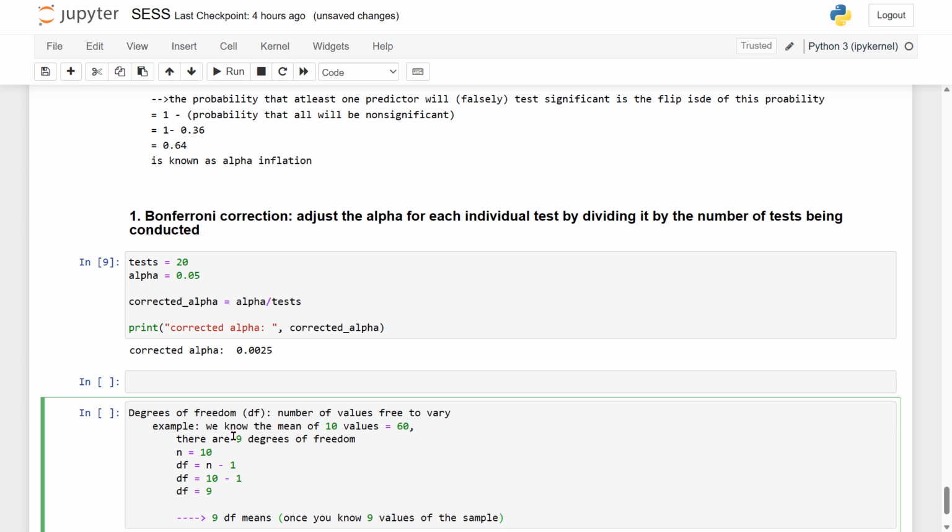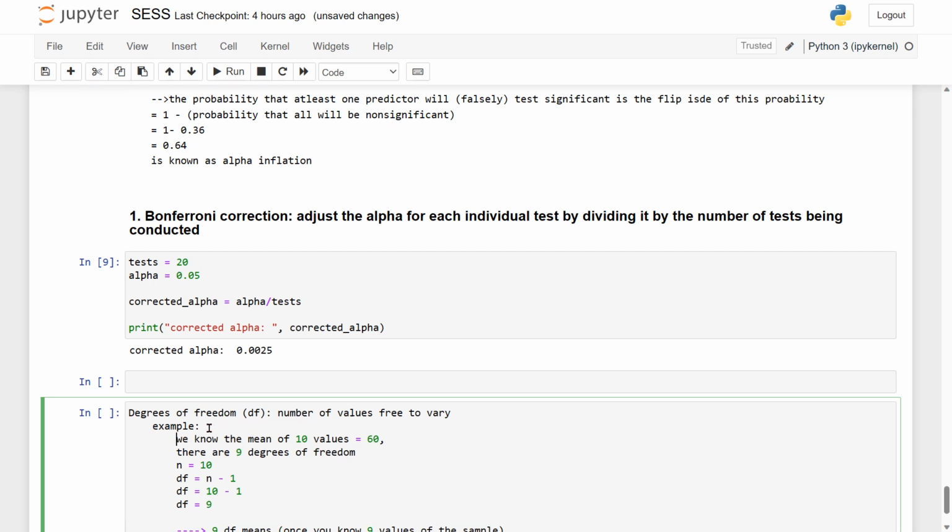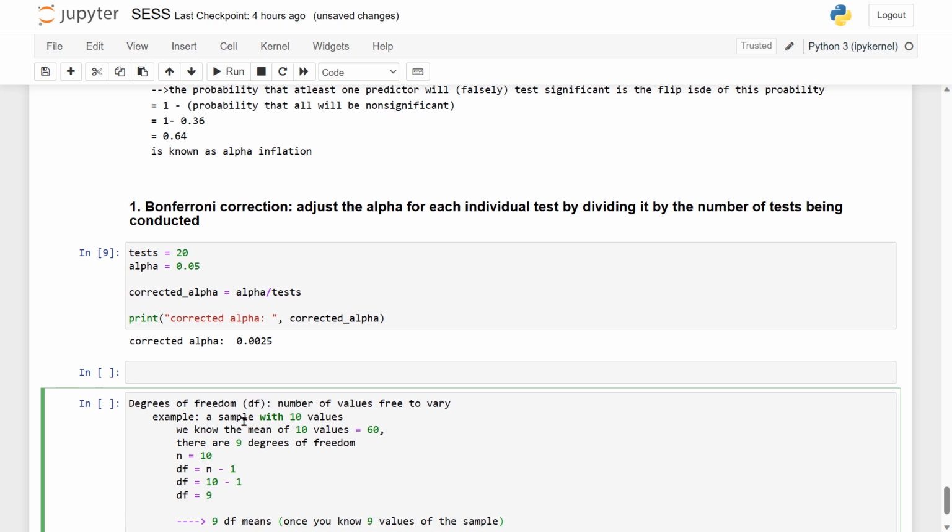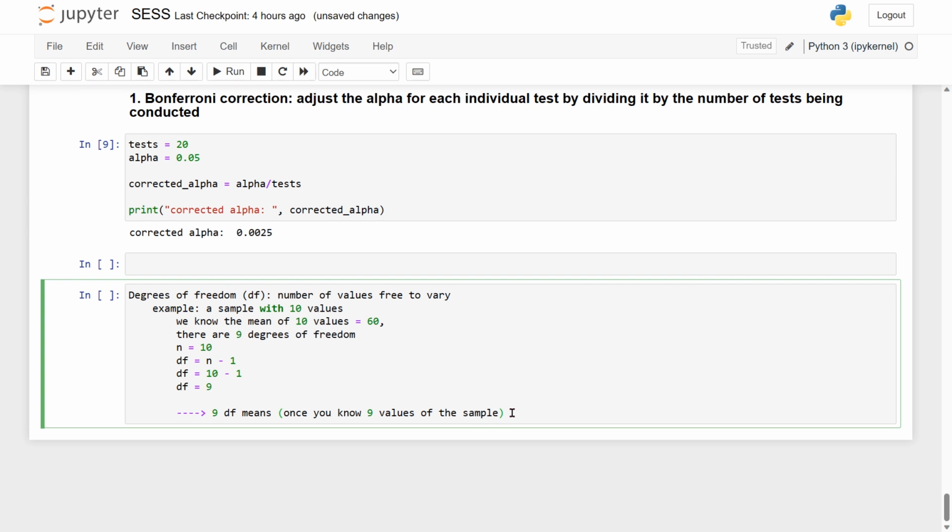This sample consists of 10 values, and we know the mean of the 10 values also. Once you know the 9 values of the sample, the 10th can be calculated and it's not free to vary. Correct? It's not free to vary.